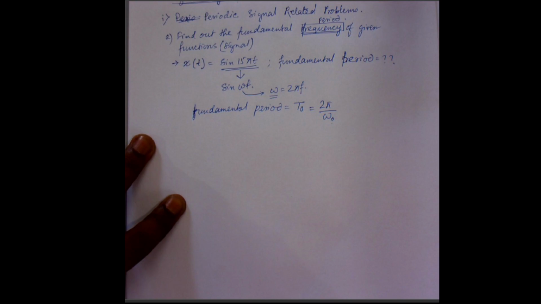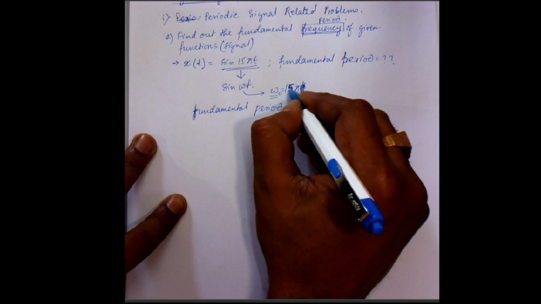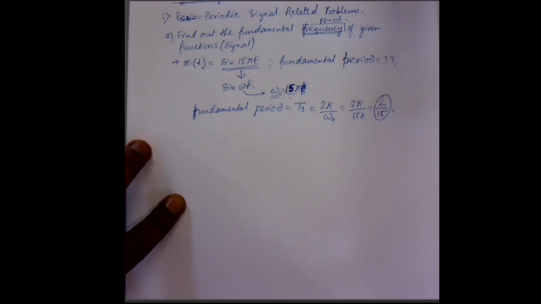This is the basic fundamental. Sorry, here it is 15 pi. Because there is 15 pi t, omega 0 is 15 pi. So 2 pi by omega 0, where omega 0 is 15 pi, gives 2 by 15. So this is the fundamental period of x(t).